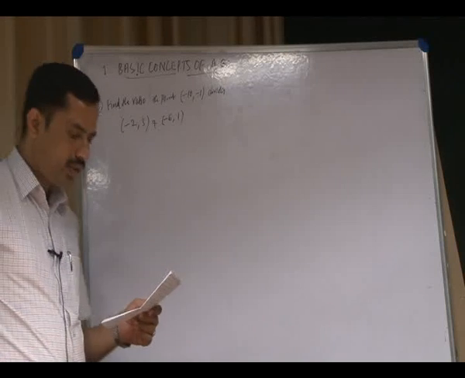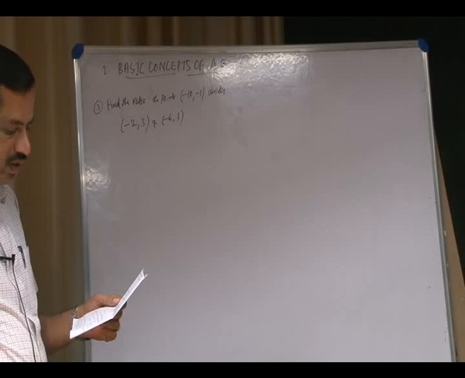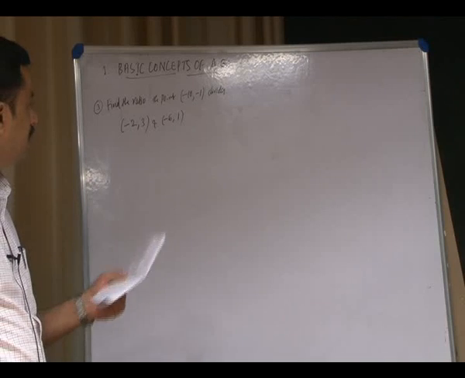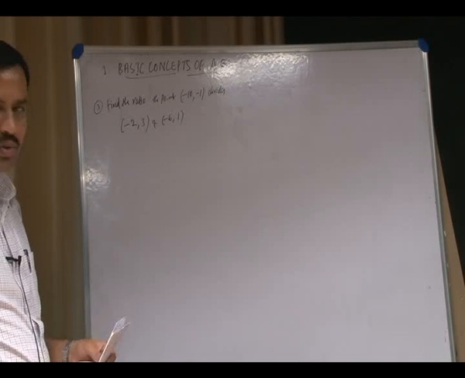So, find the ratio in which the point minus 10 comma minus 1 divides the line joining 2 points minus 2 comma 3 and minus 6 comma 1.